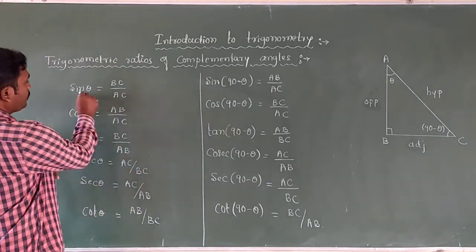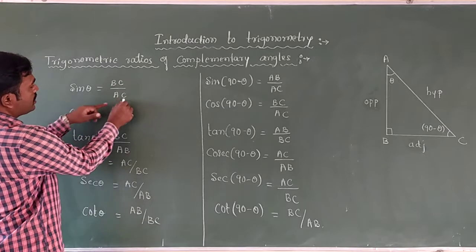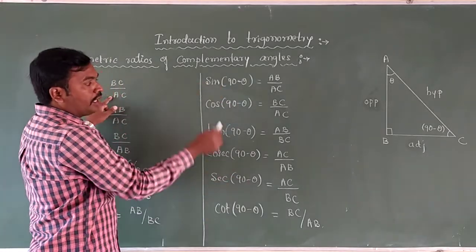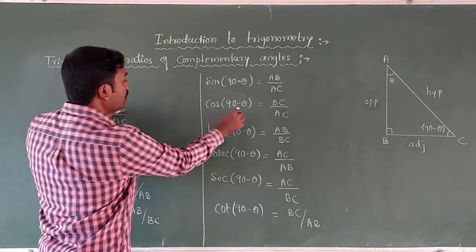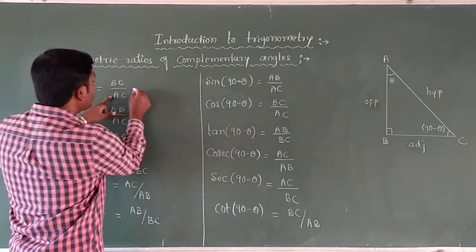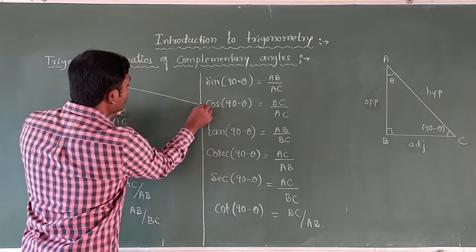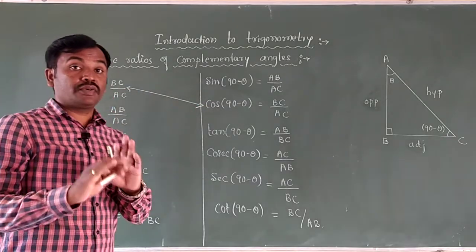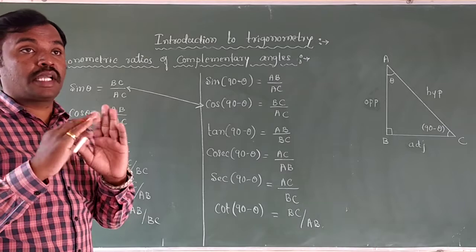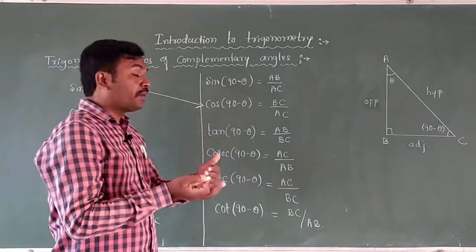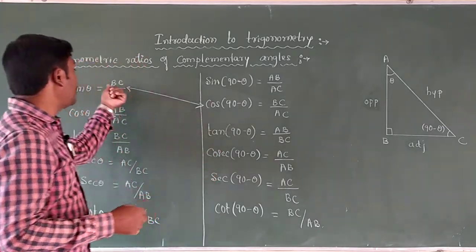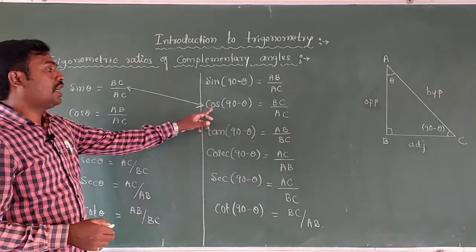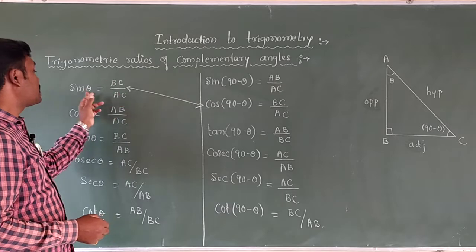Observe here, sin theta is BC by AC. In this one, which one gives the BC by AC ratio? Here, this cos theta gives us BC by AC. It means complementary of sin is cos and complementary of cos is sin.